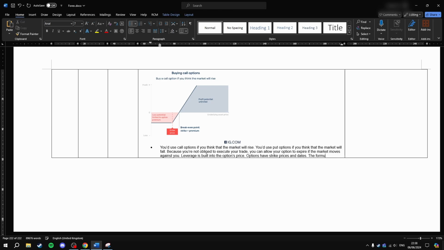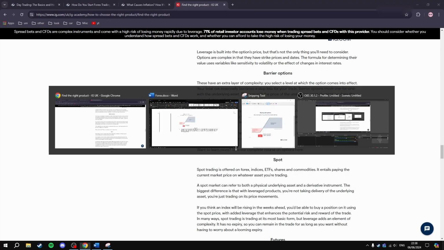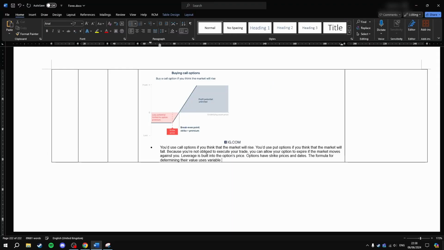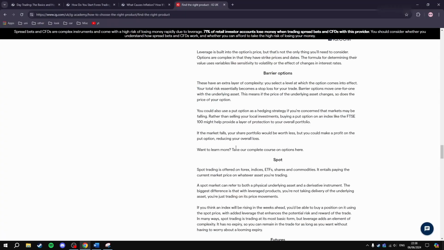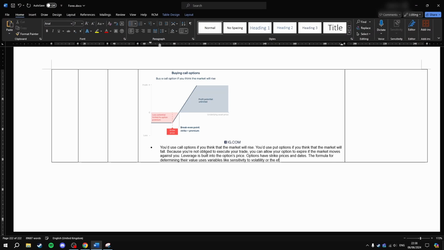The formula for determining their value uses variables like sensitivity to volatility or the effects of changes in interest rates.